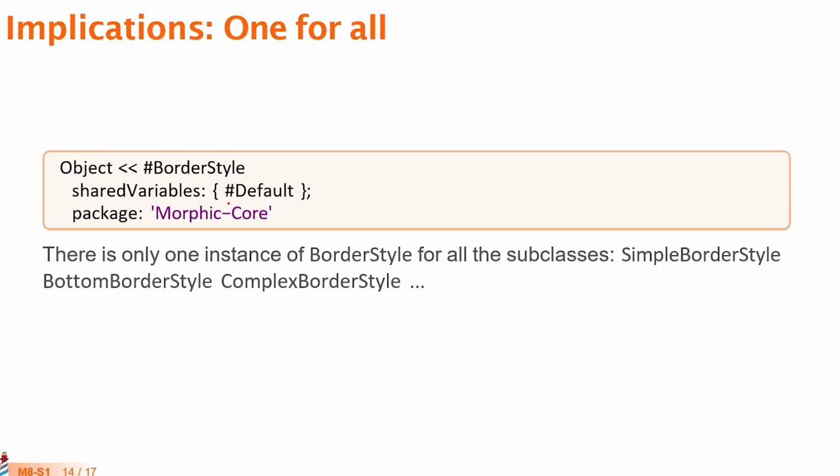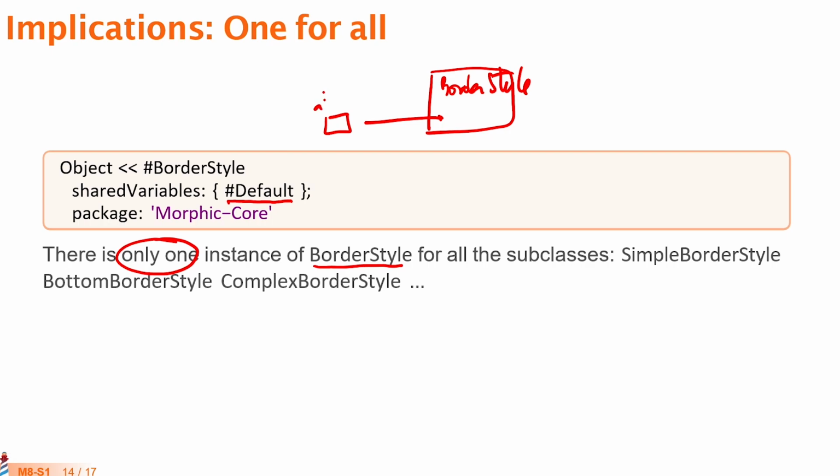When you use a shared variable, there is only one. There will be only one here, for example, instance of border style for the complete sub-hierarchy. So if I draw it, it means that I have border style. And here I will point, there will be one instance of a border style, because the default, this is for the singleton pattern.